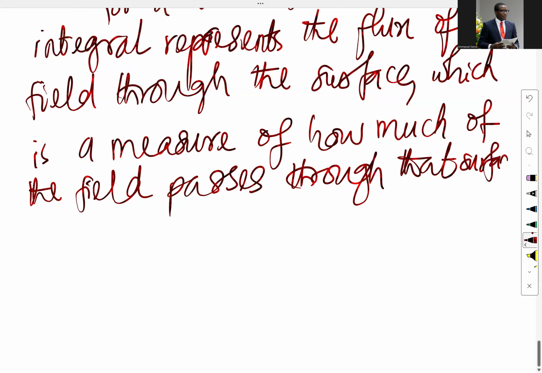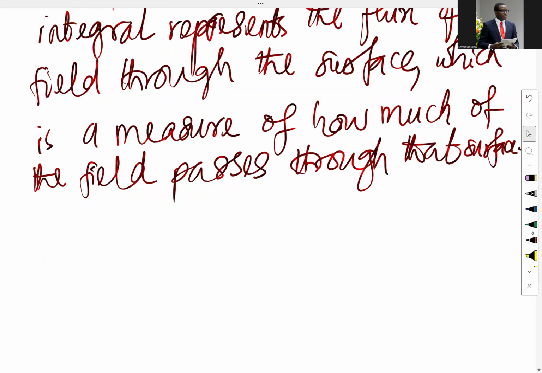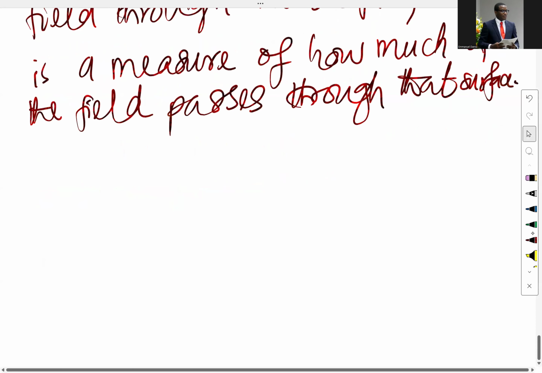So if you want to know how much of a field passes through a surface, you have to do a surface integral. All right.